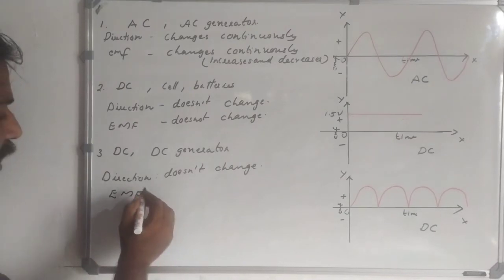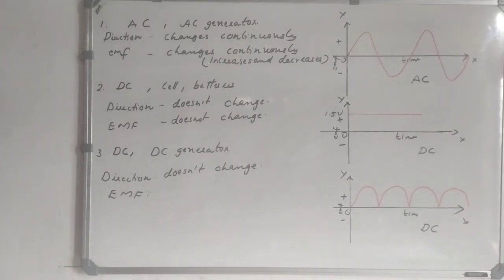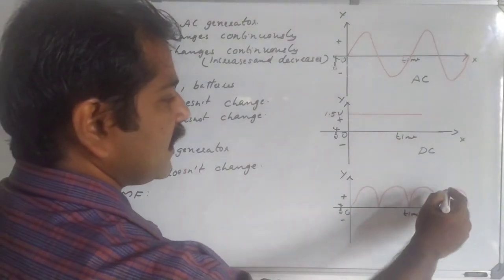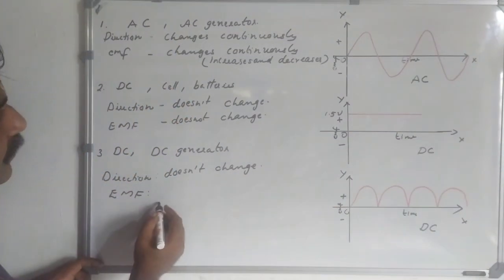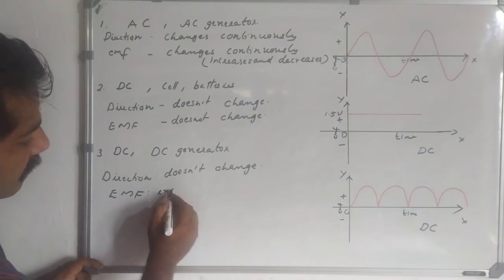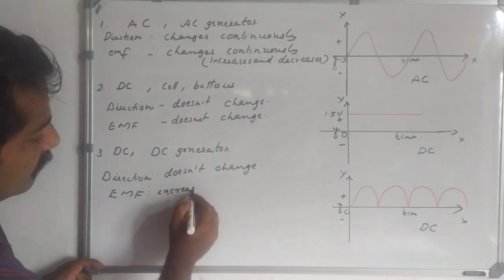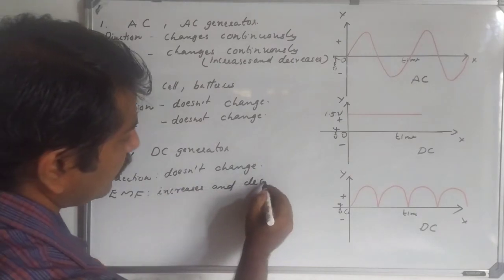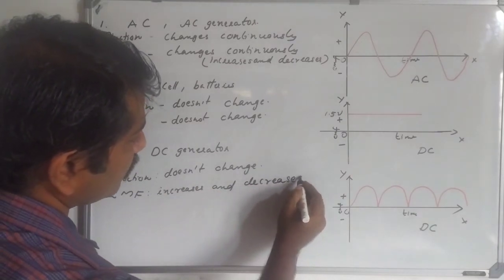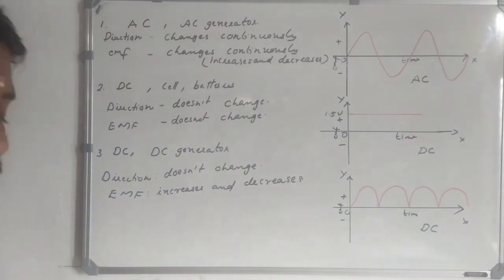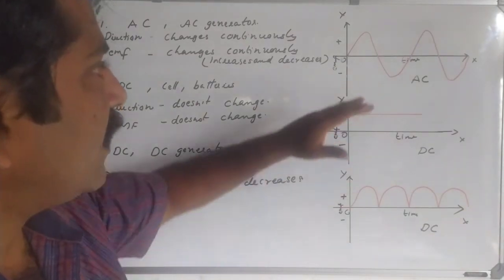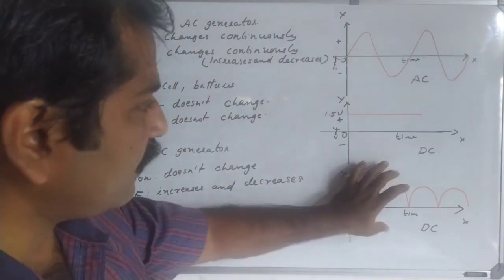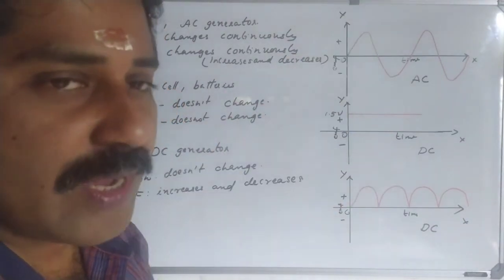But what about EMF? EMF is increasing and decreasing, increasing and decreasing. Okay, clear? So we have three different types of graphs that represent three different types of current.